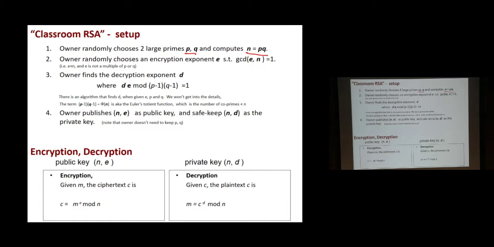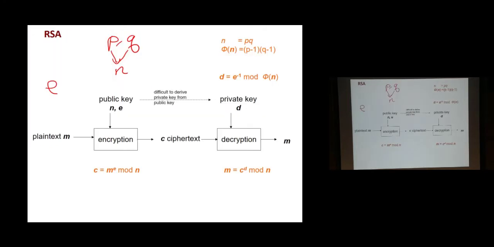Basically it means that E is smaller than n and E is not a multiple of P nor Q. In fact, if you randomly pick anything, very likely it's not a multiple of P and Q. So randomly pick something called E, and then this n and E is the public key. Tell the whole world n and E.